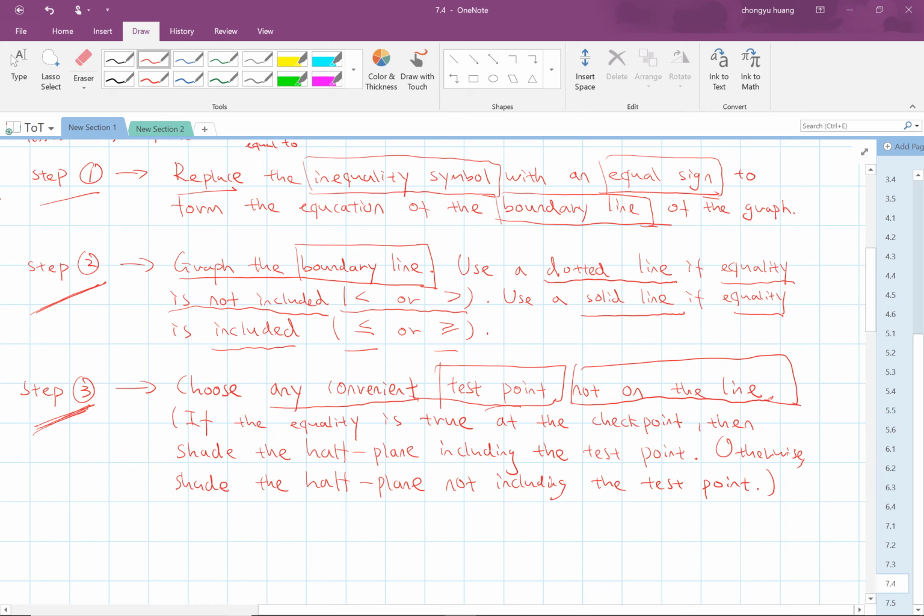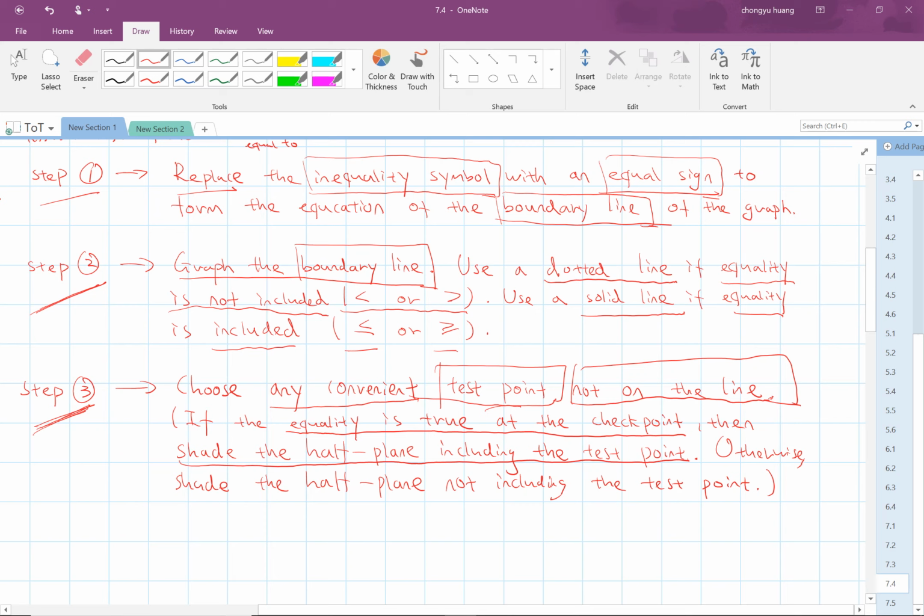And here, if the inequality is true at that point, the point you choose, then you shade the half plane including the test point. Okay, so that's the meaning of it.